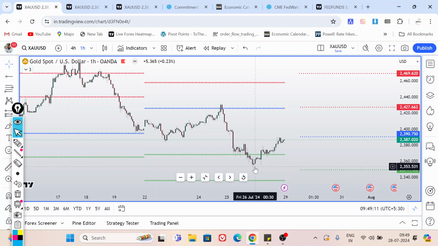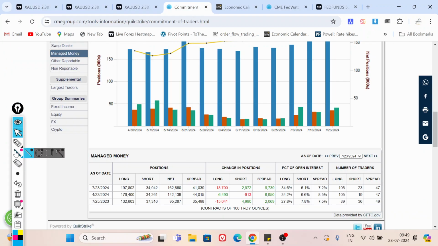Yes, of course we have seen some retracement in the price again, but overall it is still on the bearish side, and we can also combine this with the COT report. The COT data is still favoring that the price can go to the downside as per this big number.